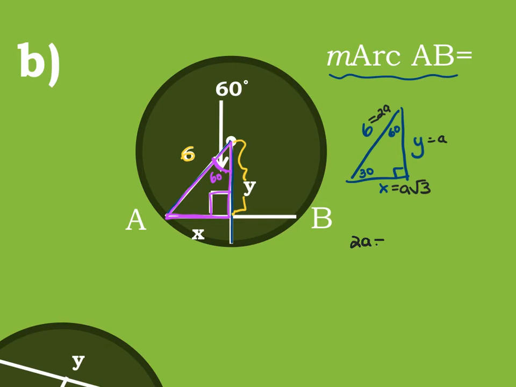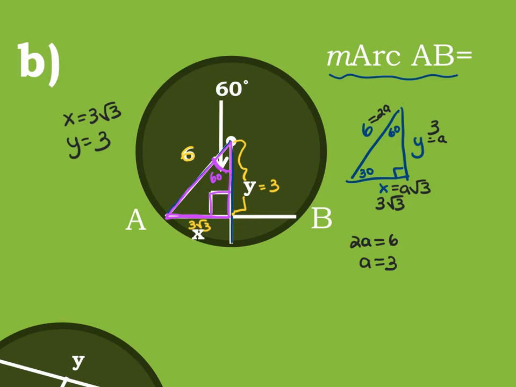So if 2A equals 6, A equals 3, that makes X 3 root 3, and it makes Y just 3. So now I have those lengths. This is 3 root 3, and this is 3.